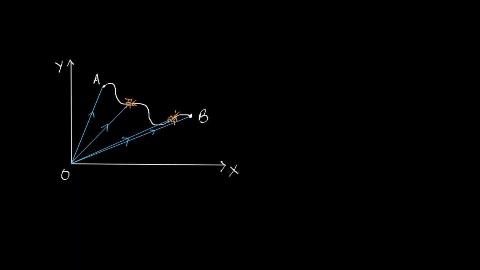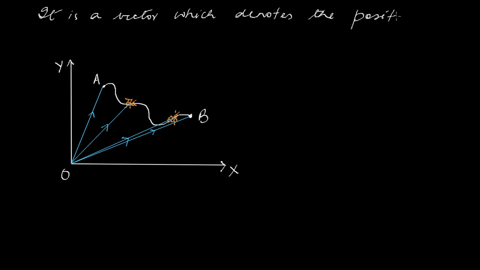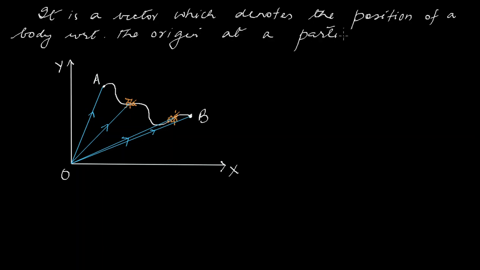A position vector is a vector which denotes the position of a body with respect to the origin at a particular instant of time.